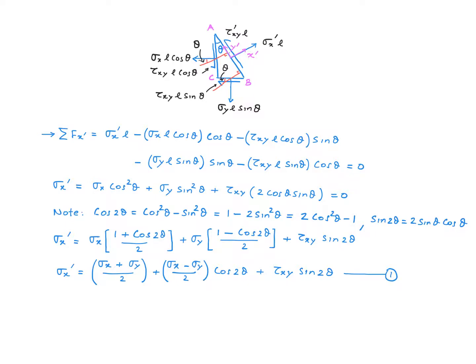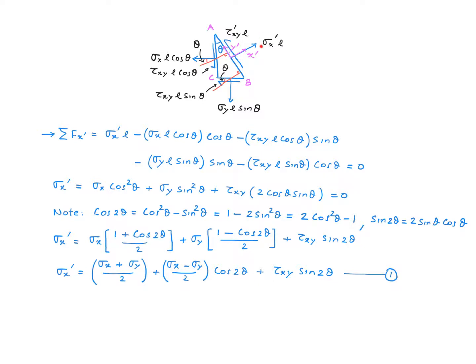Now let's consider the picture showing the forces acting on the faces of this triangle ABC. We are interested in establishing equations for sigma x prime and tau xy prime, utilizing the equilibrium equations. Now you can see if I were to write down an equilibrium equation in the x prime axis, only sigma x prime will show up in that equation, not tau xy prime.